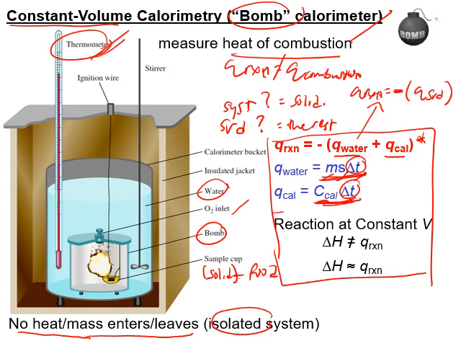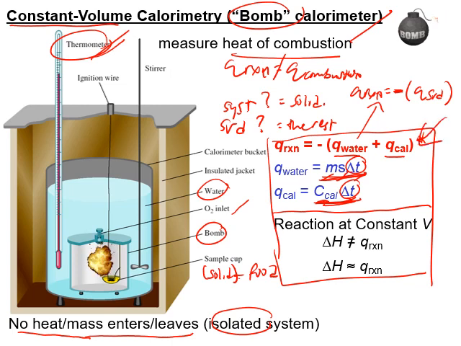Next we look at this part here. The reaction occurs at constant volume. We say that delta H is not equal to the heat change. So if they ask you to find the heat, of course we use this formula.